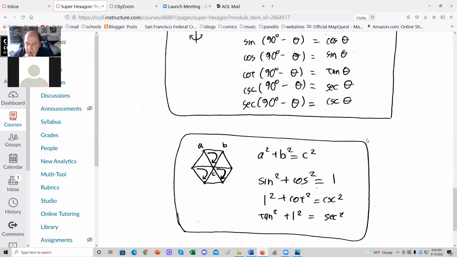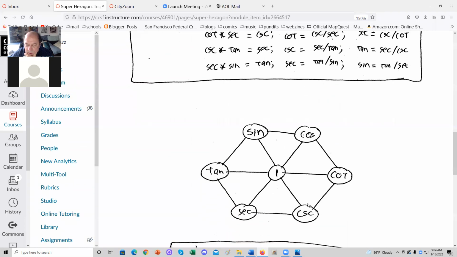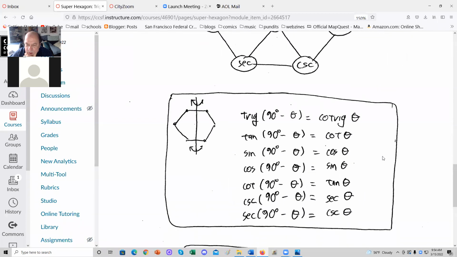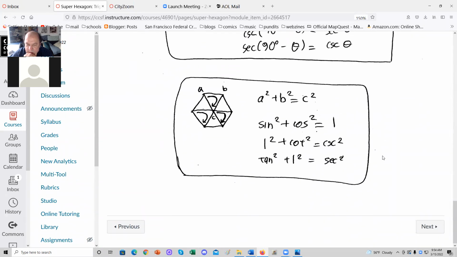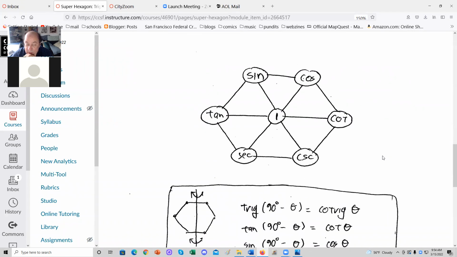Now, for the Pythagorean identities, it's a little more complicated, where 3 of the triangles have a kind of circle: A squared plus B squared equals C squared. So, for example, sine squared plus cos squared equals 1 squared, and 1 squared plus cot squared equals cosec squared, and tan squared plus 1 squared equals sec squared. So these are the various trig identities summarized in this diagram.